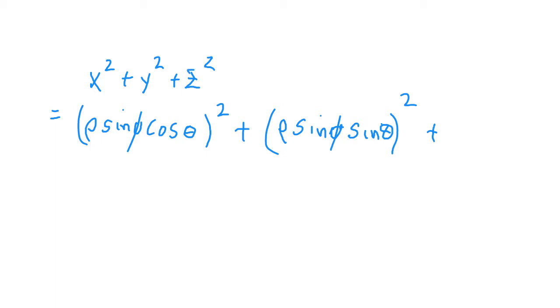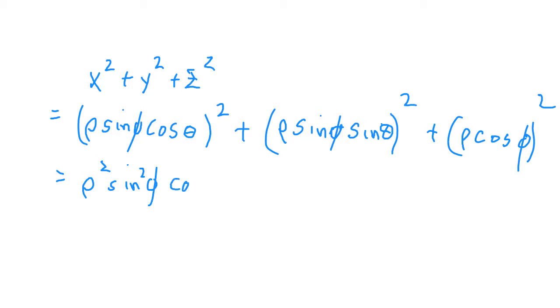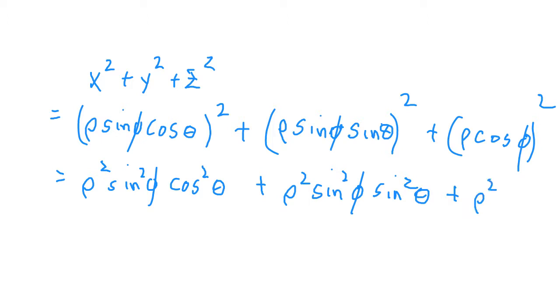And z is rho cosine phi, we square that. So what we're going to get is rho squared sine squared phi cosine squared theta plus rho squared times sine squared phi sine squared theta plus rho squared cosine squared phi, right?